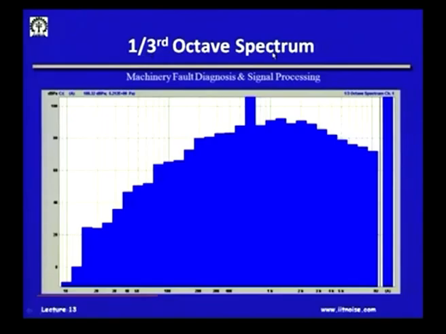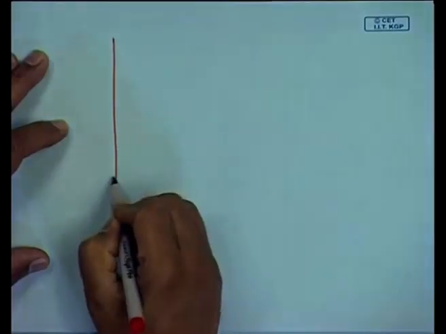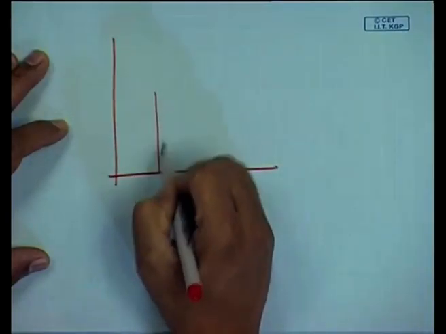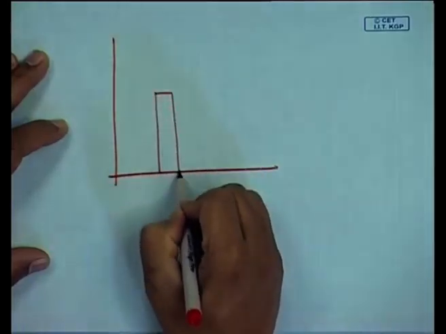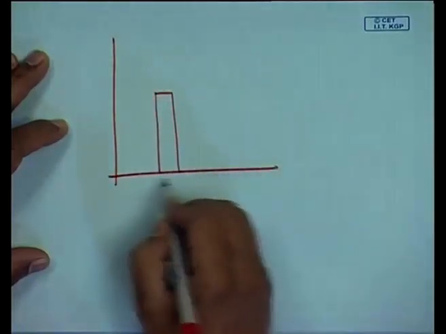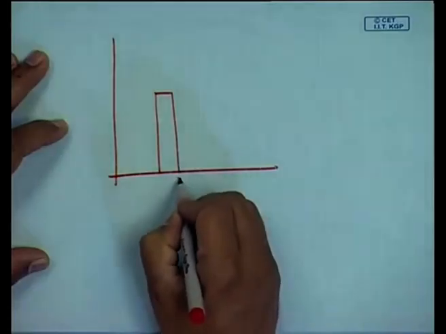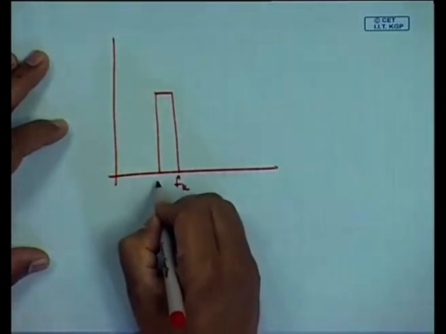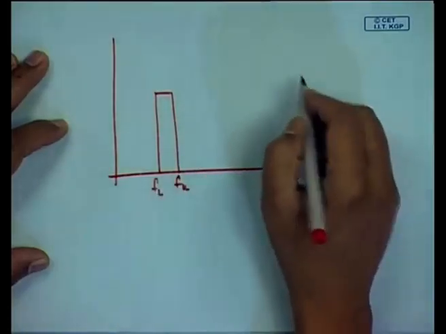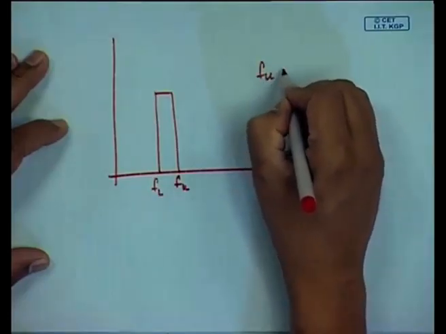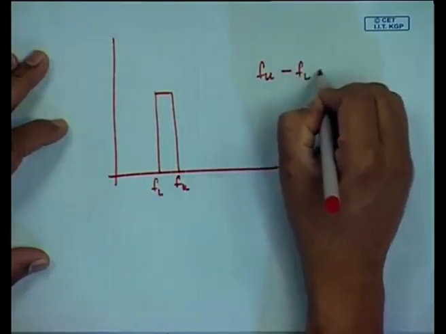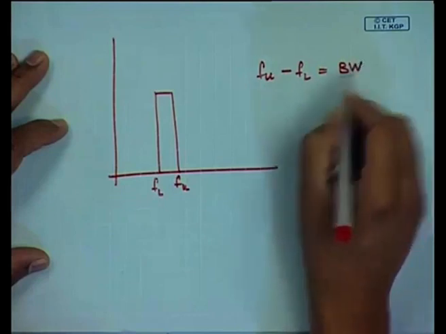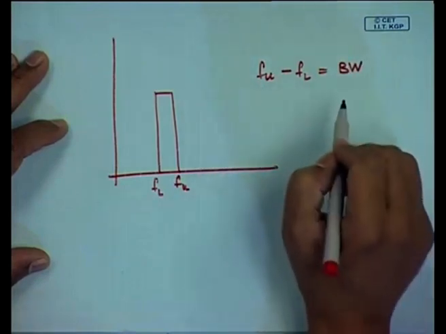We had talked about the different types of filter, wherein I can have a fixed resolution filter, wherein if a filter has an upper band and a lower band, okay, the bandwidth of the filter is upper band minus lower band.